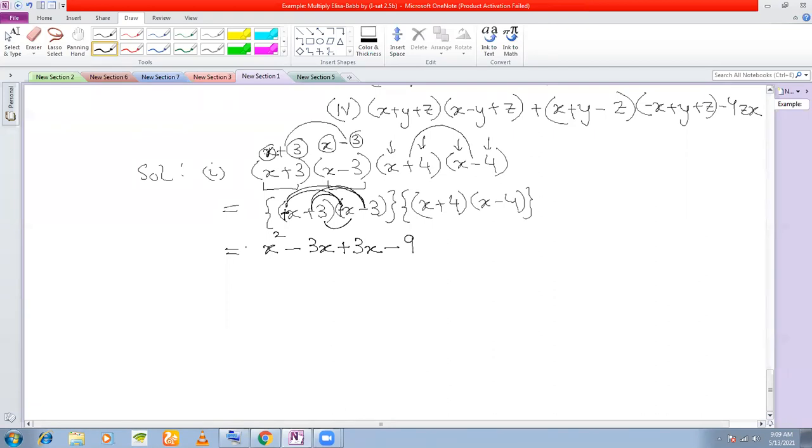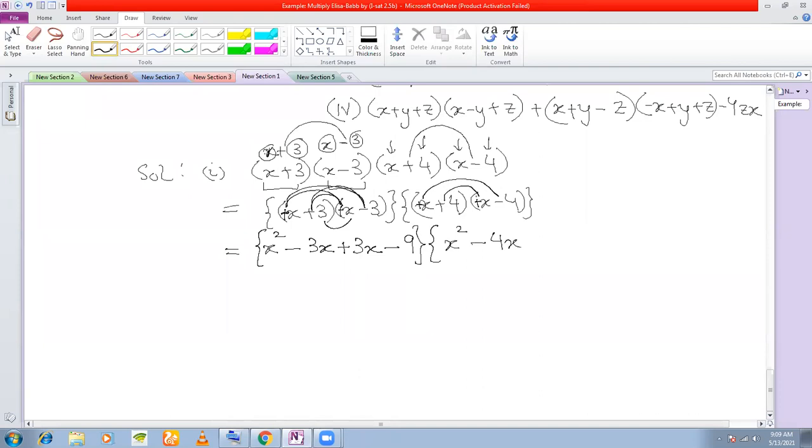Understood, everyone? I did this a little directly. If anyone has any question, you can ask now. No, sir. So this is the first one. Second one, similarly, we multiply. Plus and plus combine to give you x square. Next, this plus combines with this minus to give you a minus.